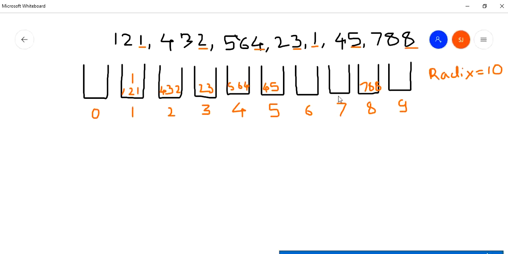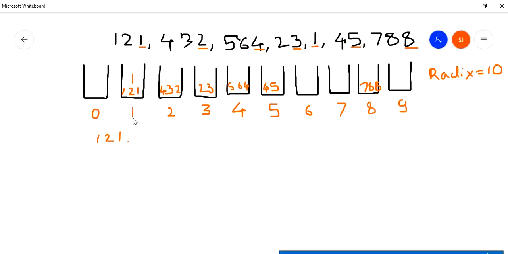Okay, now the idea is very clear. Now you want to pop these numbers. You have placed 121 initially, right? So initial is 121. Remember that you have to go from left to right, 0 to 9. In the 0th bucket there is no number, so forget about 0.